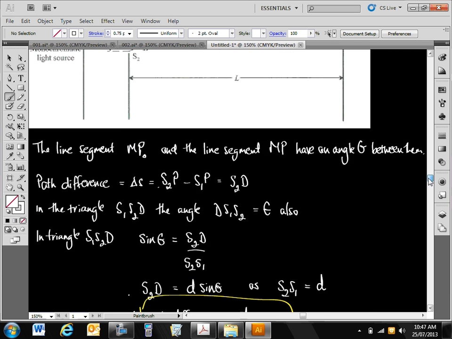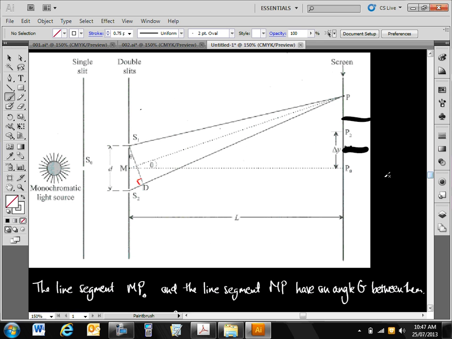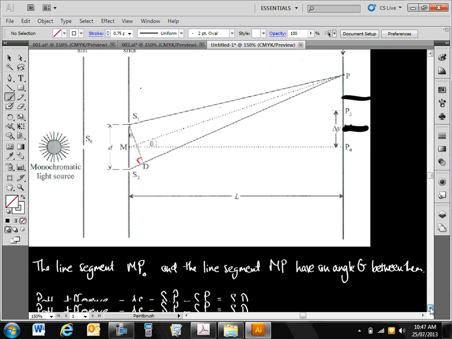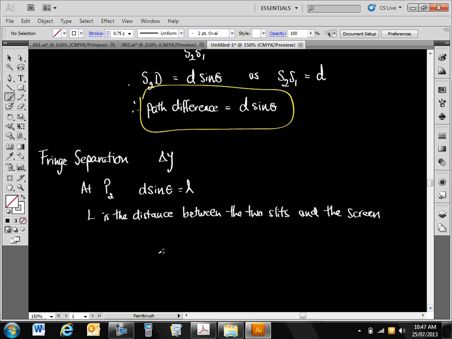Another assumption, you math students will be horrified again. Because this distance is small, and this distance here is small, they're going to say sine theta is approximately equal to tan theta, because the distances are small.